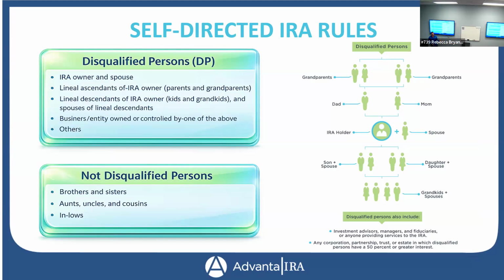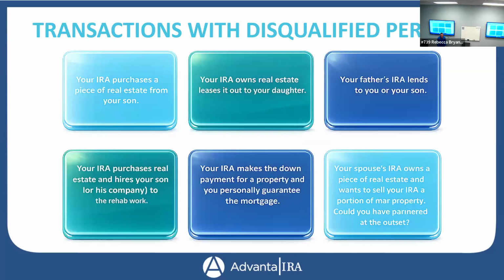But non-disqualified persons would be brother, sister, aunt, uncle, cousin. That's all totally fine. It really just depends on the situation. If a certain situation does come up, shoot us an email. We can look at it and figure out if it makes sense for the client to proceed with that particular transaction. So that is the disqualified individuals.